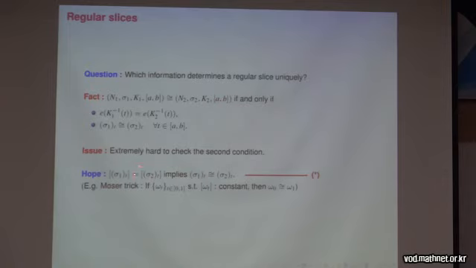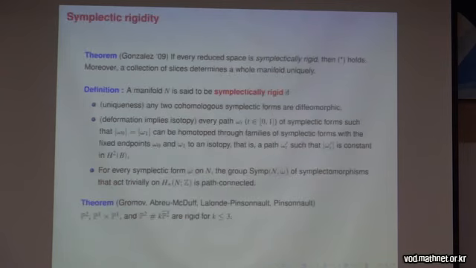So our hope is if two cohomology classes are equal for each t, then we hope that it implies the second one. And actually, in our case, this is true. We'll see later. Okay, and so also to explain our theorem, we need the following notion: symplectic rigidity.